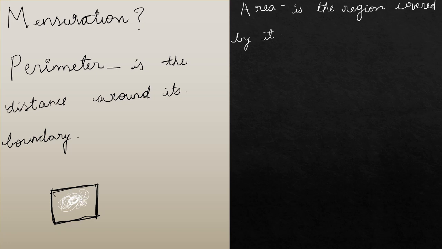That is area. That area we have to find. The region covered by it. Perimeter means the distance of the outer cover, and area means inside it. These things we have studied in the previous classes.